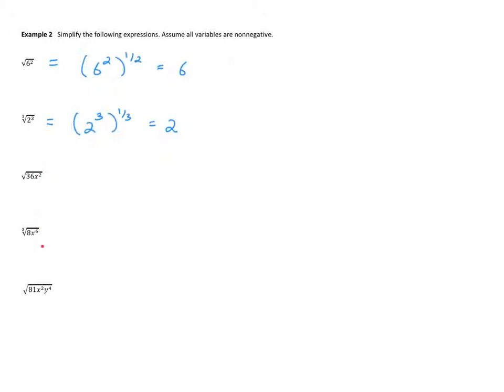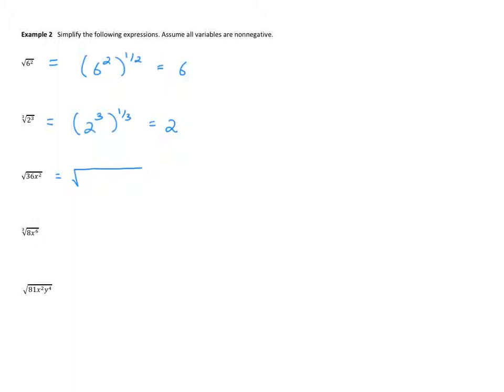This idea should work with variables too, as long as I add the assumption that all the variables represent non-negative numbers. Let's use this idea here in the square root of 36x squared. The goal, if I want to simplify this, is to have everything under the root raised to a power of either 2 or something divisible by 2, like 4.